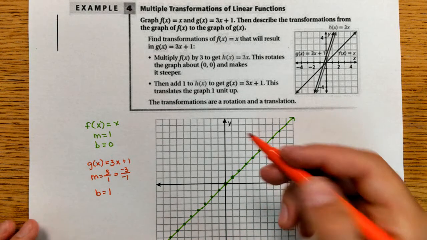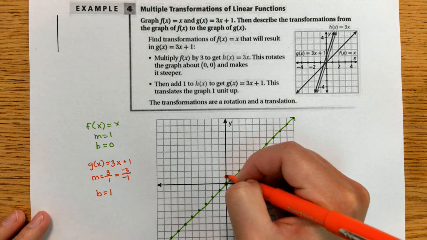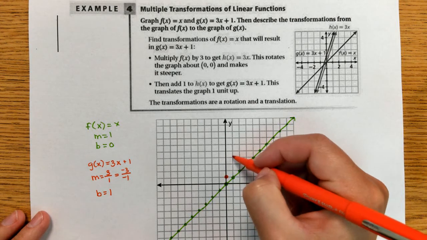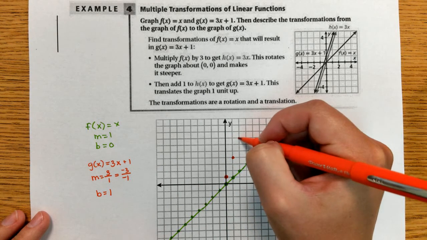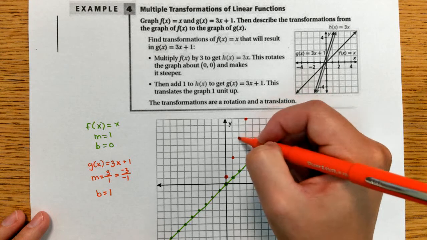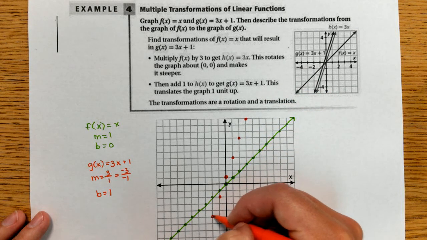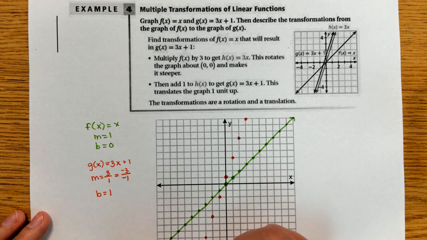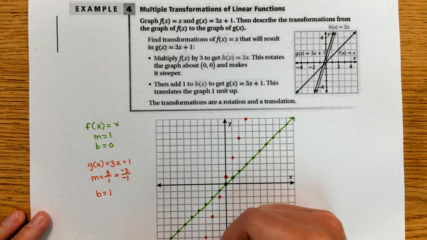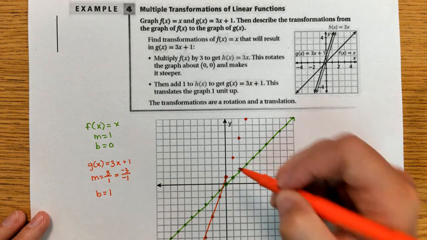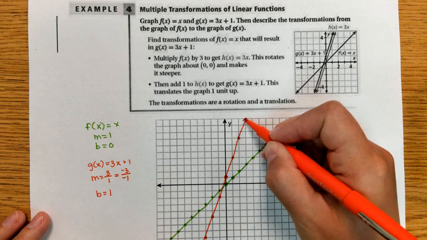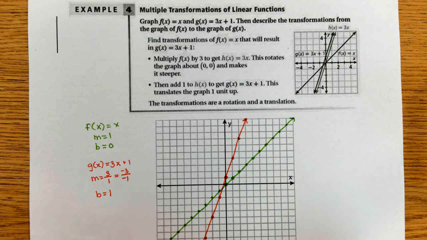So we're going to go up 1 to start, and then slope up 3, right 1, up 3, right 1, other direction, down 3, left 1, down 3, left 1. And then from here, connect our dots to form our graph. So here is what our graph would look like.